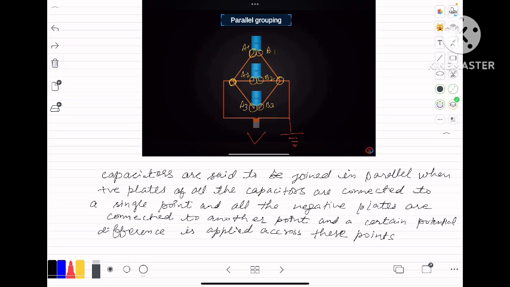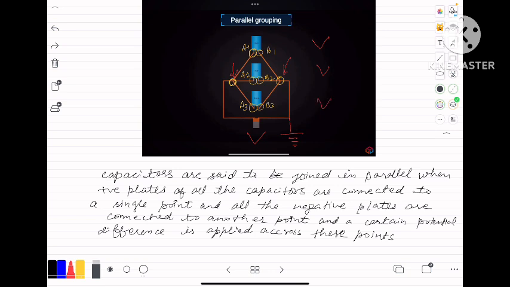Because each plate is connected to the same point, and hence the potential difference for each capacitor from the battery will be same, and hence V will be same across the combination. V, V and V. But the charge will not be same here.